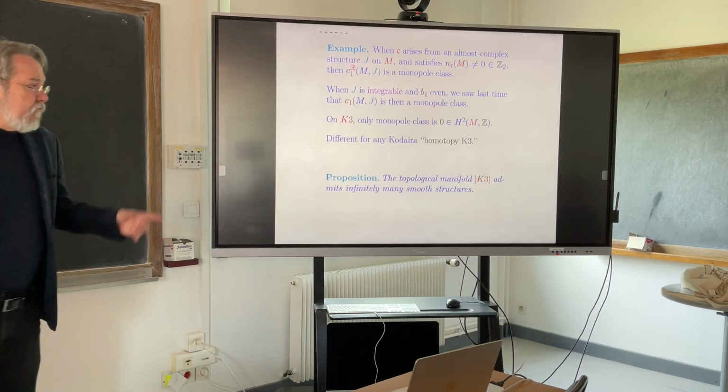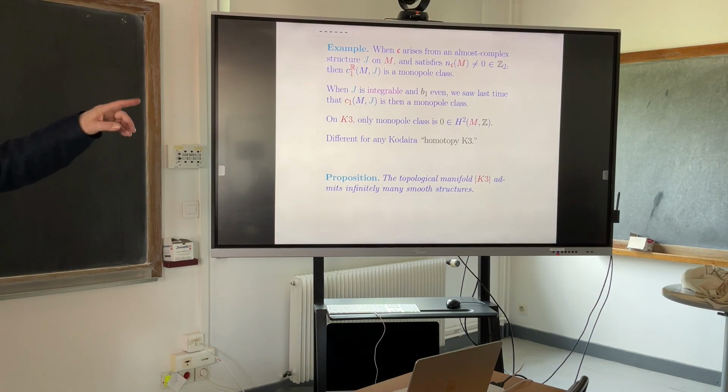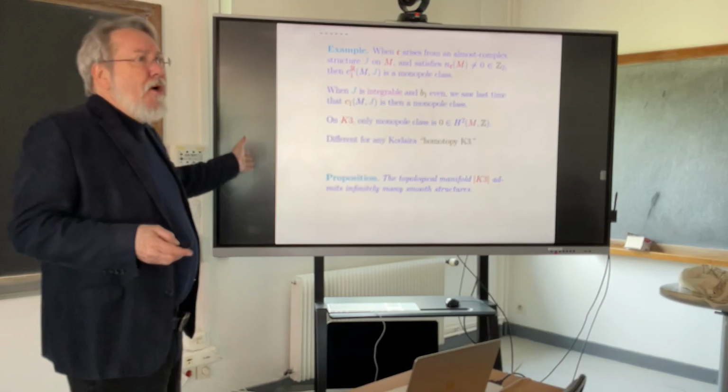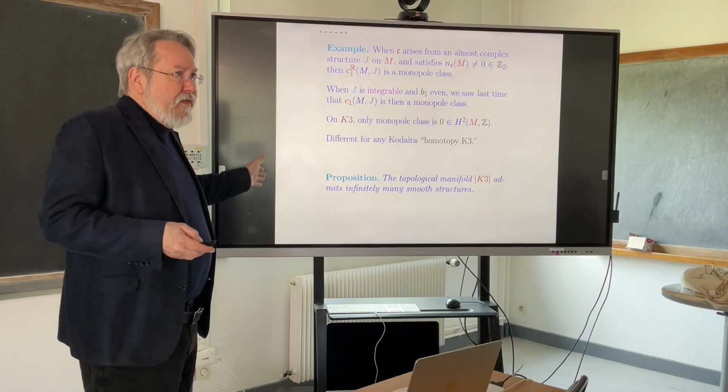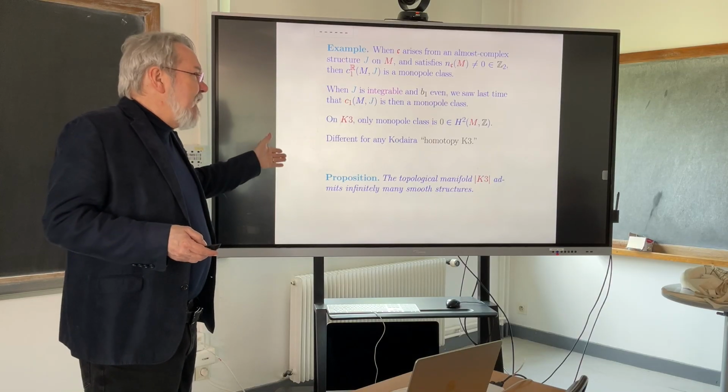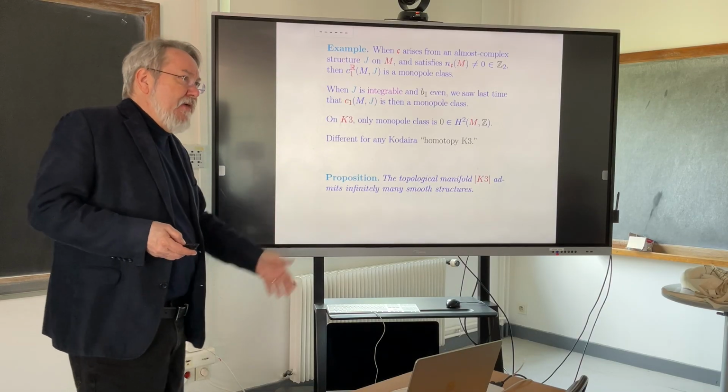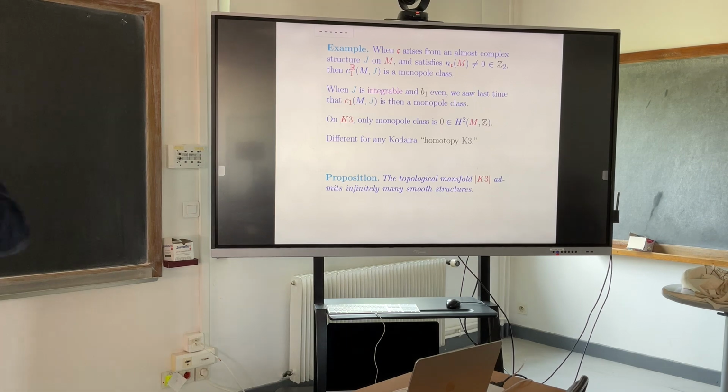So, like I said, if you work harder, you can prove that those are exactly the bandwidths, and that each of those smooth structures we've described on K3 are all distinct. But here, I'm interested in a softer point, namely that K3 has to have infinitely many smooth structures. Among that list, there must be infinitely many of them that are distinct.